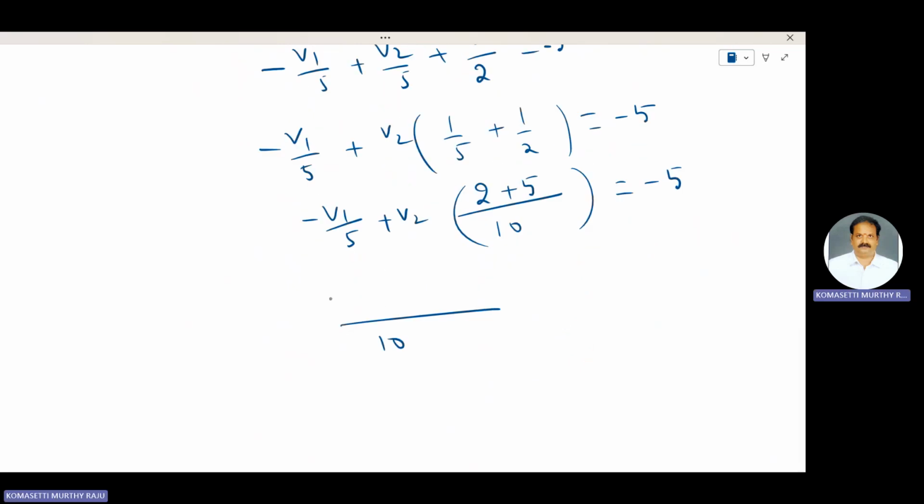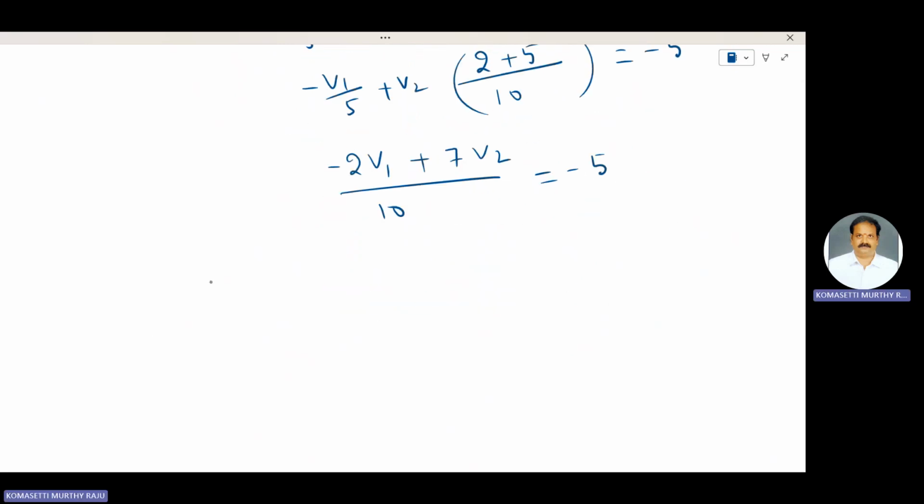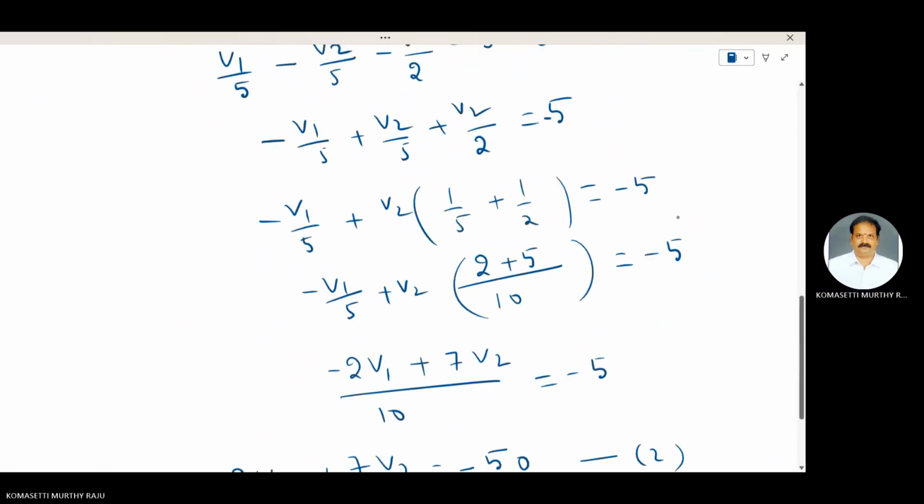Again LCM 10: minus 2 V1 plus 7 V2 is equal to minus 50. This one is equation 2.